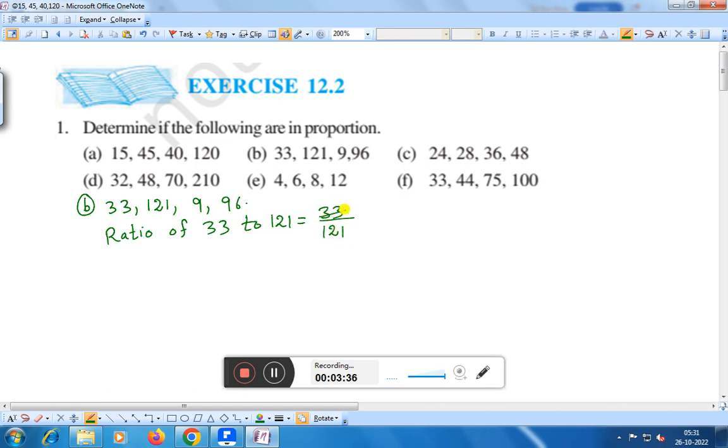It will be divisible by 11. 11 threes are 33, 11 elevens are 121. Therefore, it is equal to 3 by 11, that is equal to 3 is to 11.